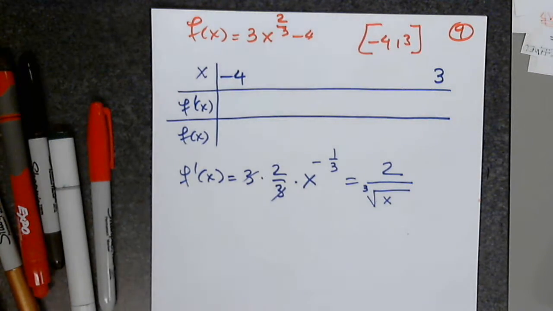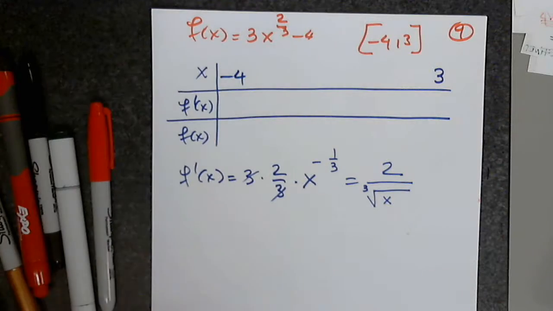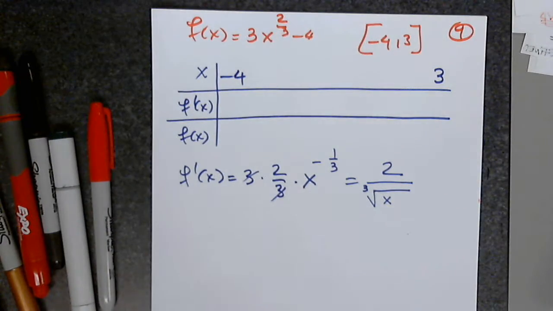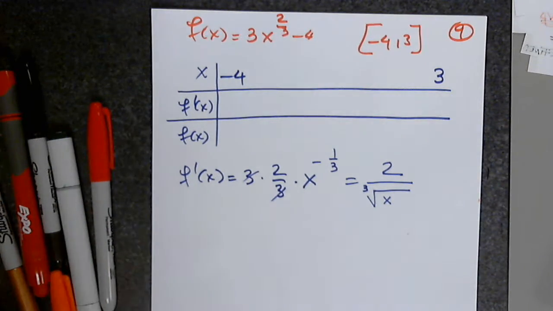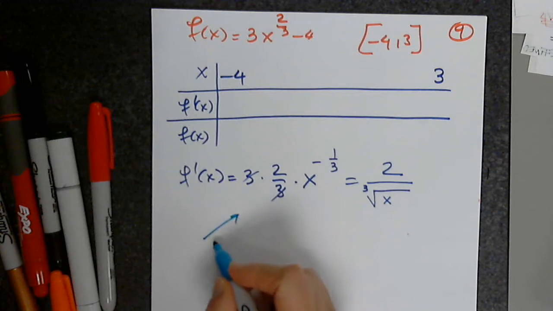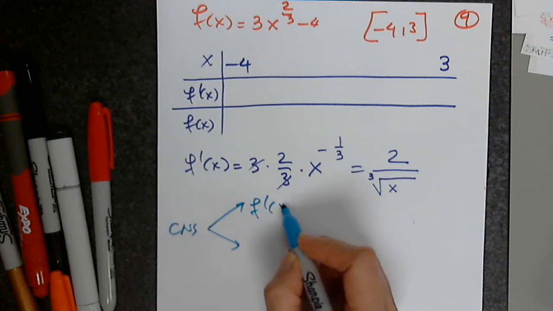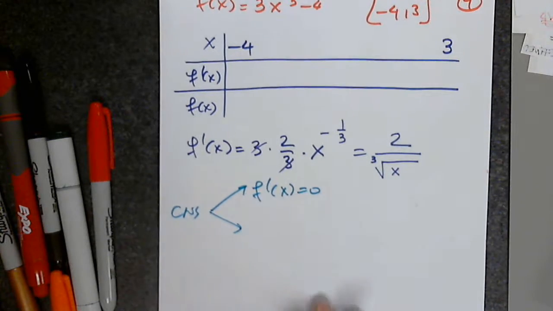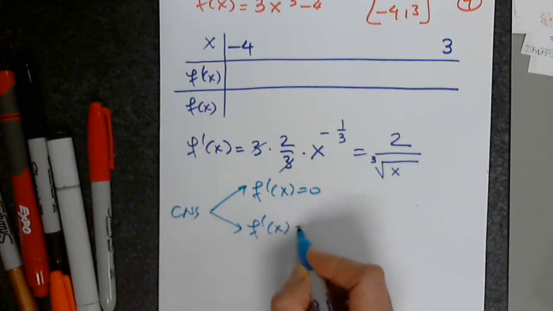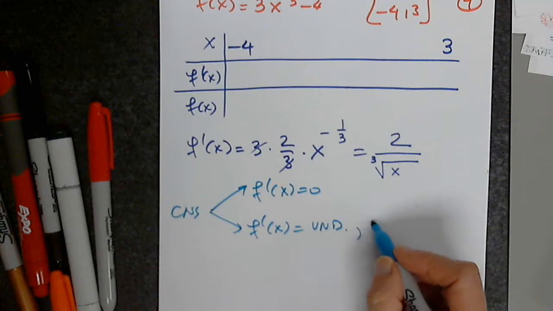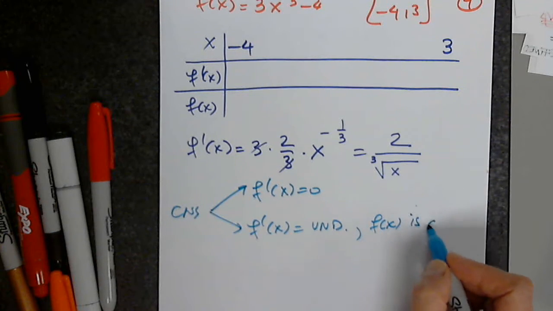Now I'm asking you, does this function, f of x, of course, have critical numbers? And you should say, wait a minute, I know critical numbers come from two sources. Critical numbers come from f prime of x being 0, or from f prime of x being undefined when f of x is defined.